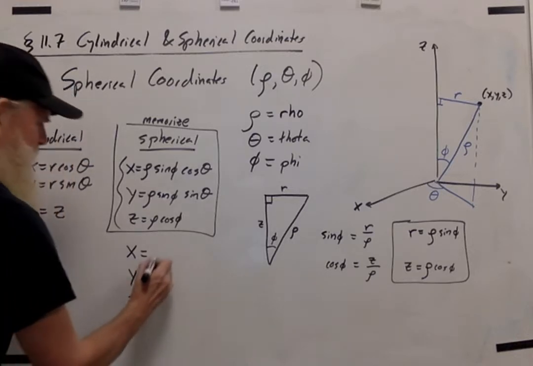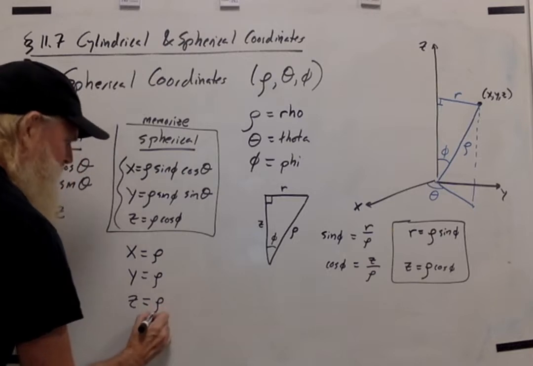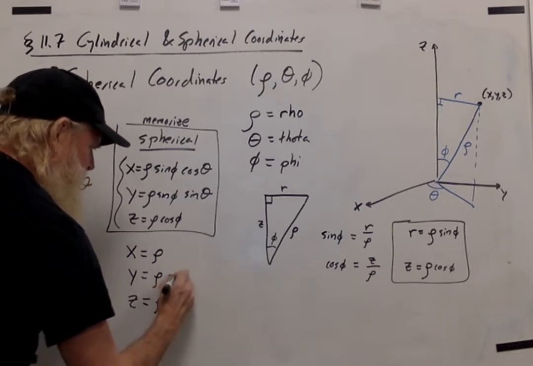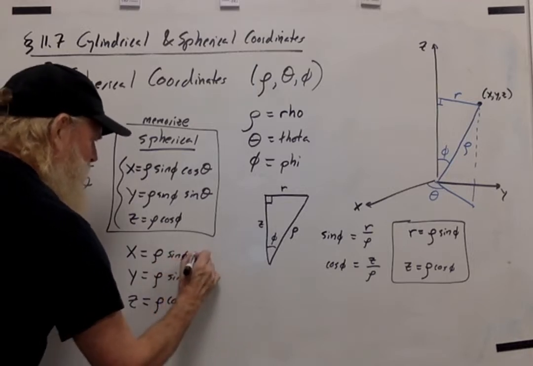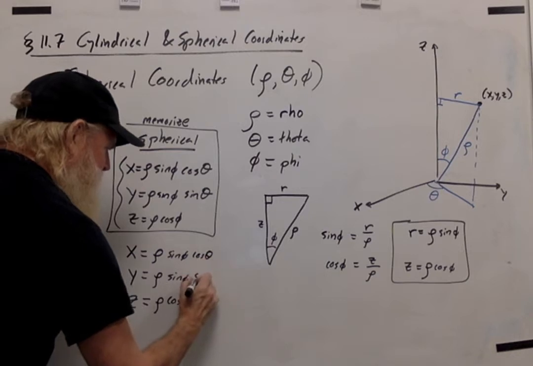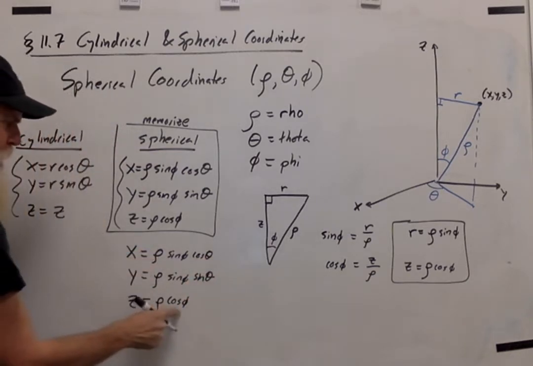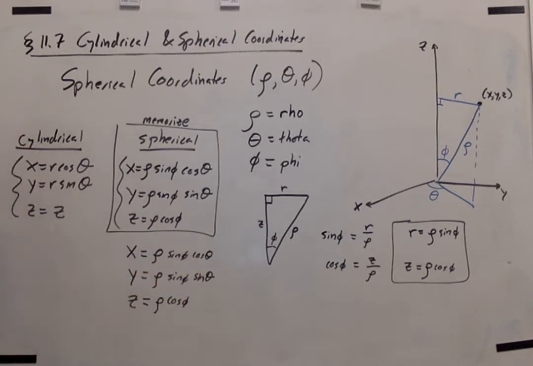Working from top to bottom, I go rho, rho, rho, then bottom to top, cosine phi, sine phi, sine phi, then top to bottom, cosine theta, sine theta. That's just my mnemonic. You might come up with something that works better for you.